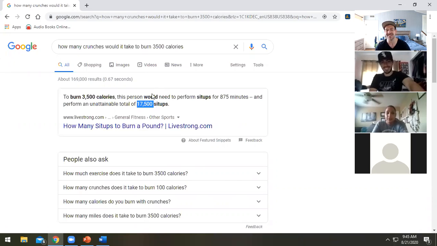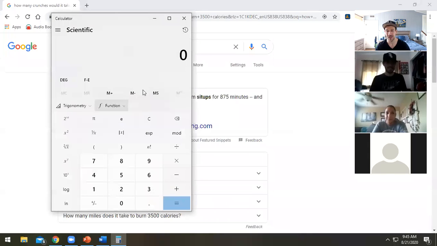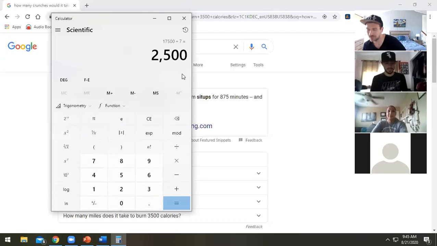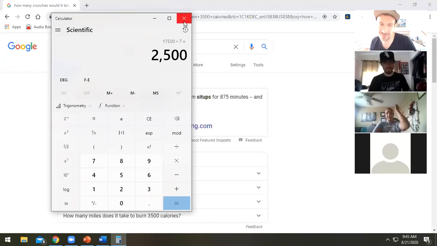So that number is slightly inflated. Let's say I burned 500 a day. That would mean you need to burn 3,500 in a week, divided by 7 days. That's still 2,500 calories a day. I'm sorry, 2,500 sit-ups a day just to burn 500 calories a day.